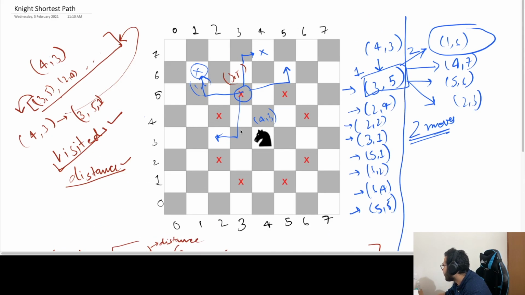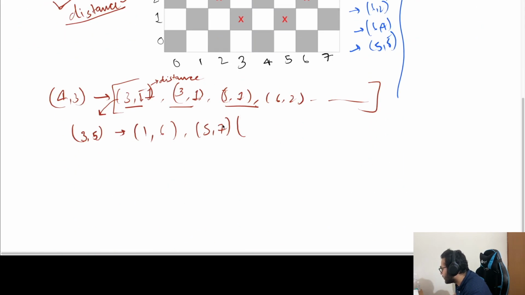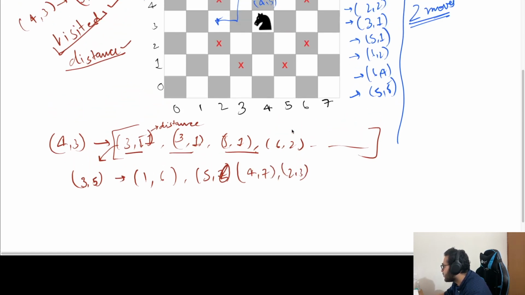So all these we have, and again while pushing them in the list, we already have some of the elements from the first iteration. Here we push 2 as the distance, and then we mark all of them as visited.